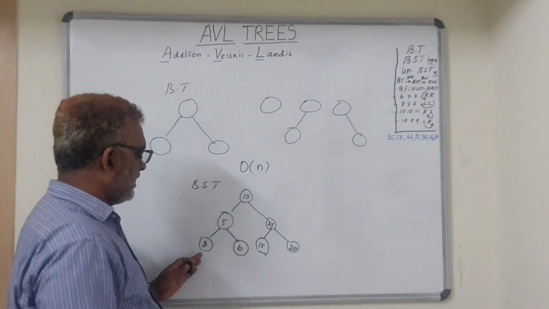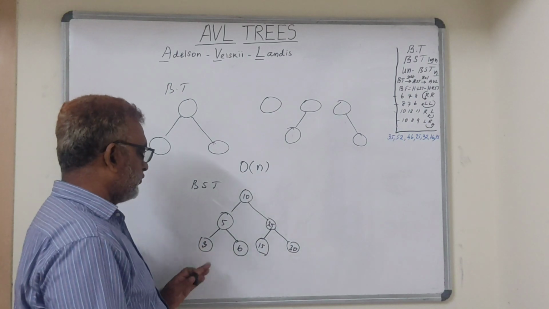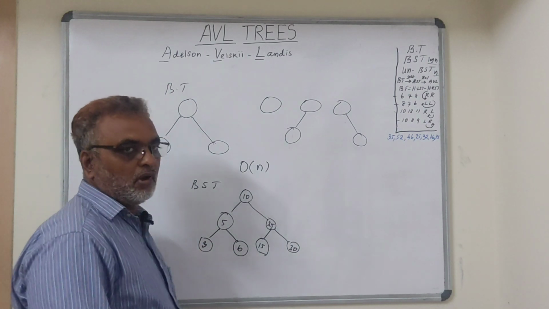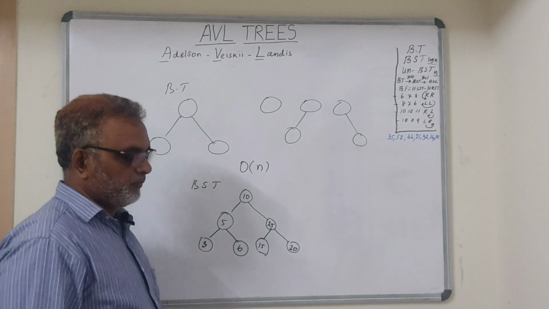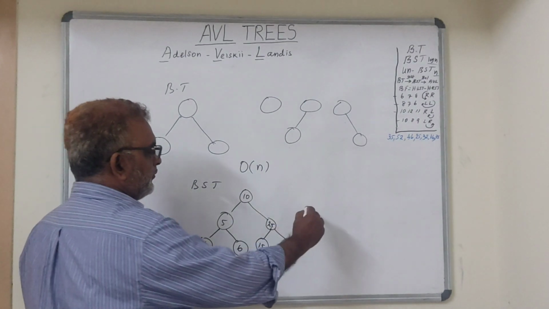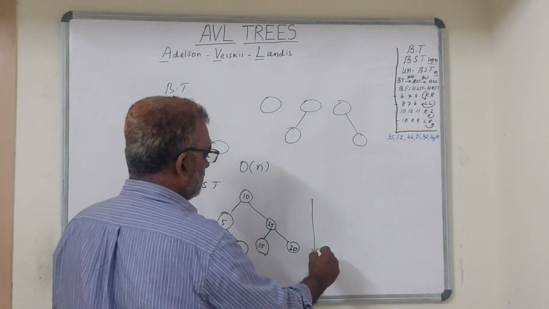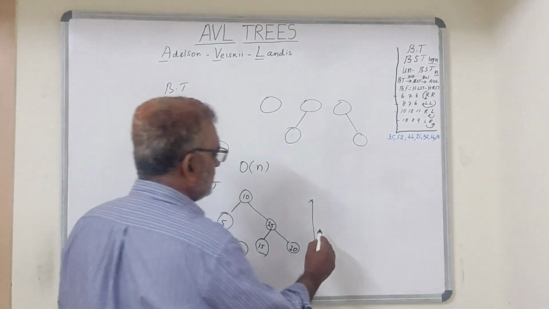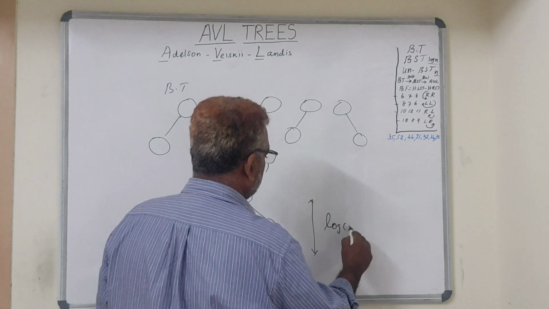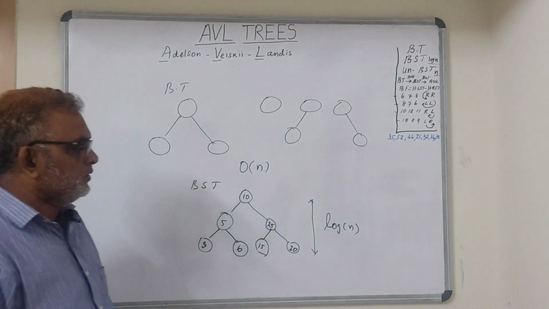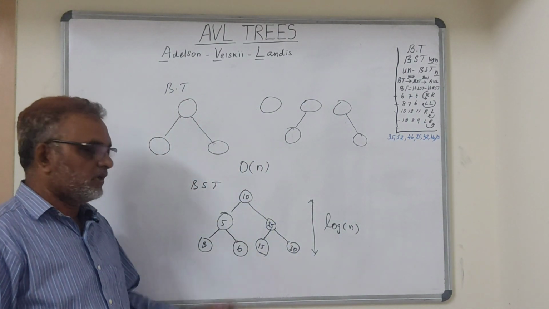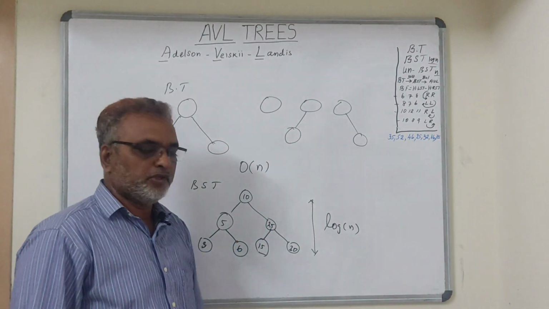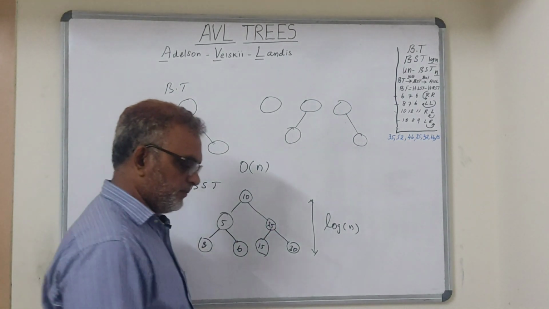The left-hand side values are lesser than the root value, and the right-hand side values are greater than the root value. So the time complexity of the binary search tree is log of n. By means of sorting, we are able to improve the time complexity.